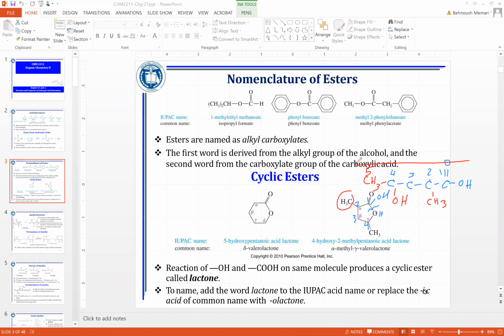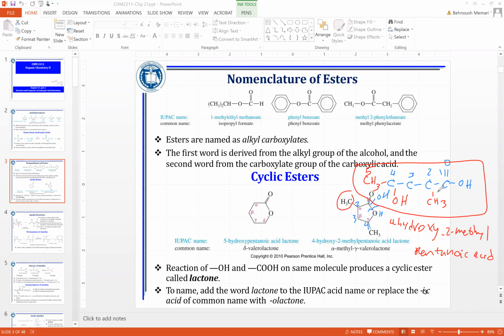So you name this carboxylic acid, and in order to name this carboxylic acid, you have your 5 carbon acid. First, you give the branches in alphabetic order. So it's going to be 4-hydroxy, and then you have 2-methyl. 5 carbon is going to be pentanoic acid.